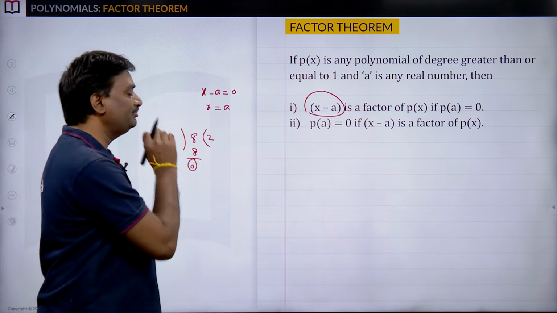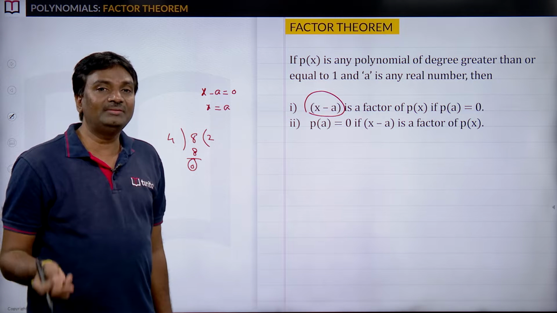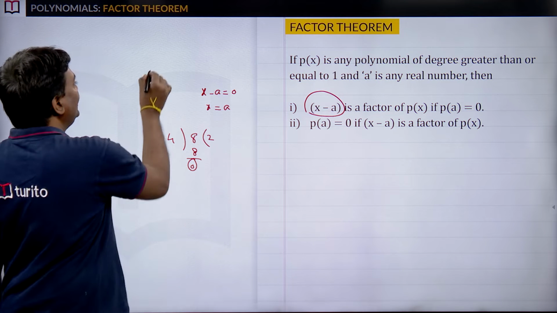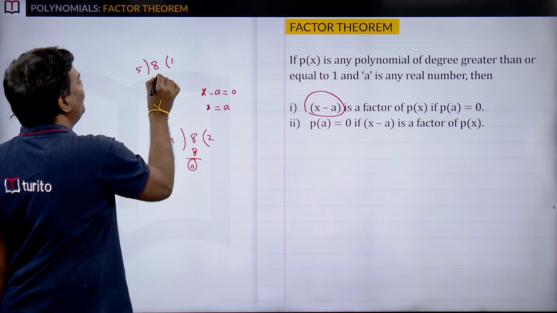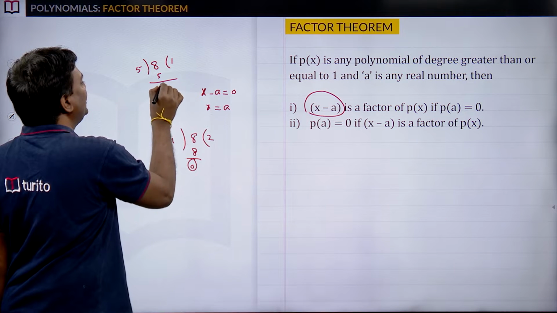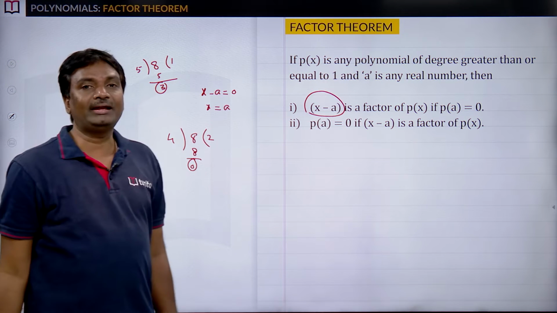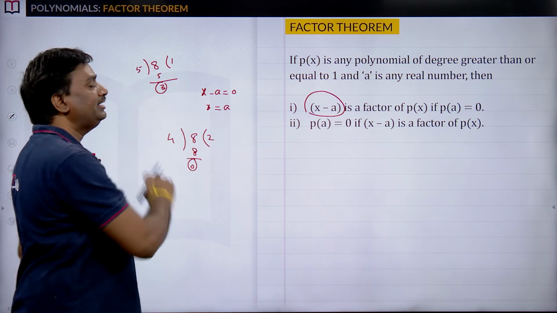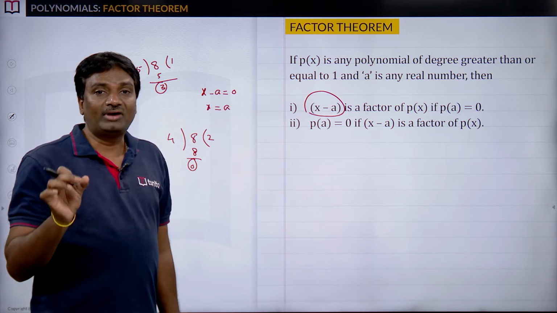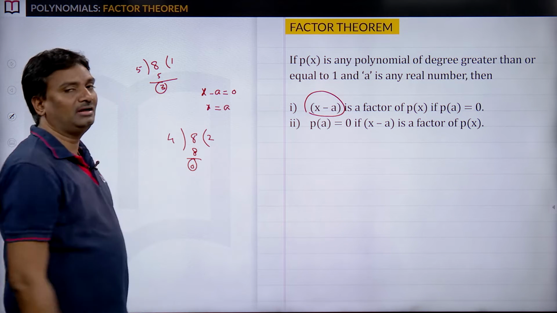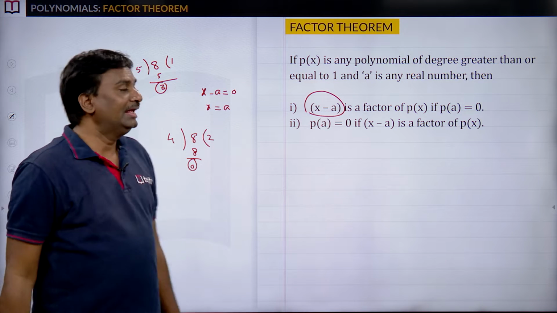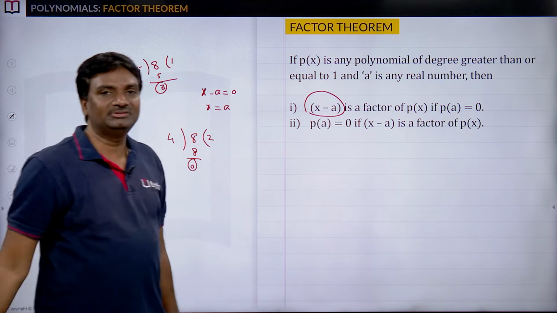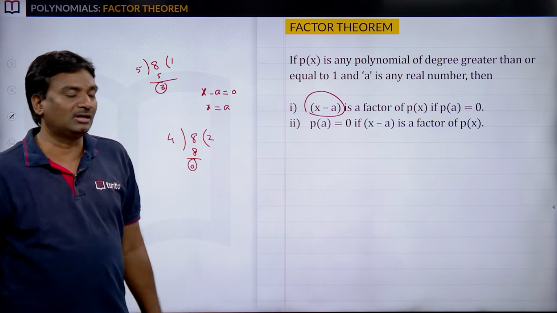Similarly, if you divide 8 by 5, 5 ones are 5, 8 minus 5 is 3, so we get the remainder as 3. That is why we can say 5 is not a factor of 8. Similarly, we can apply the same for polynomials also.